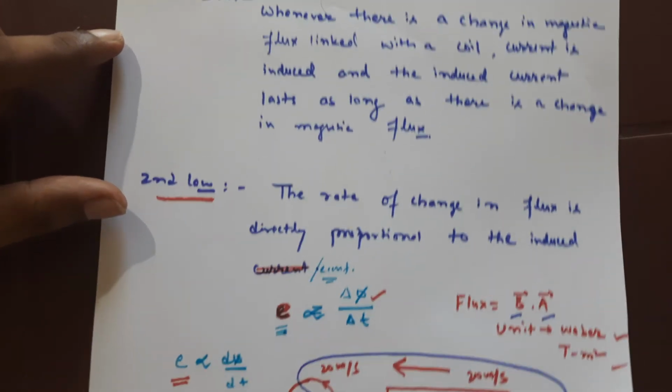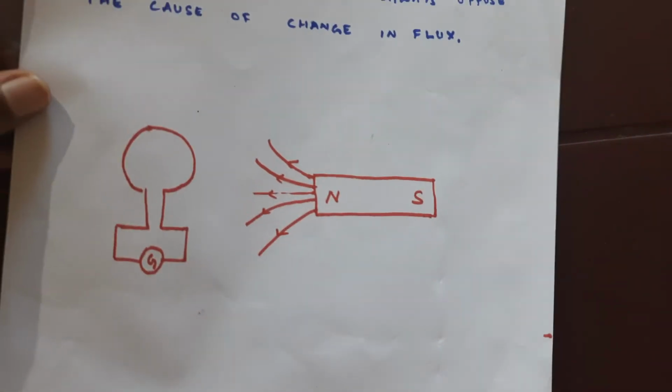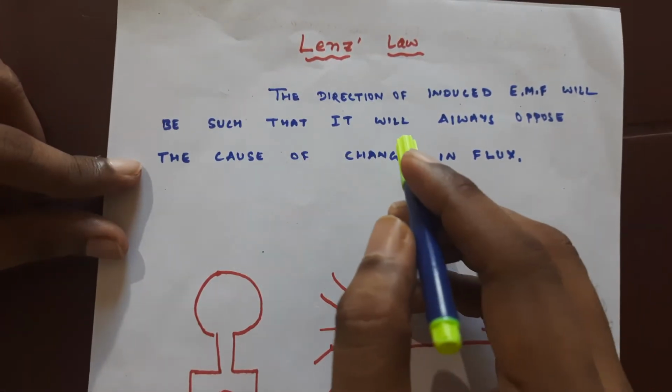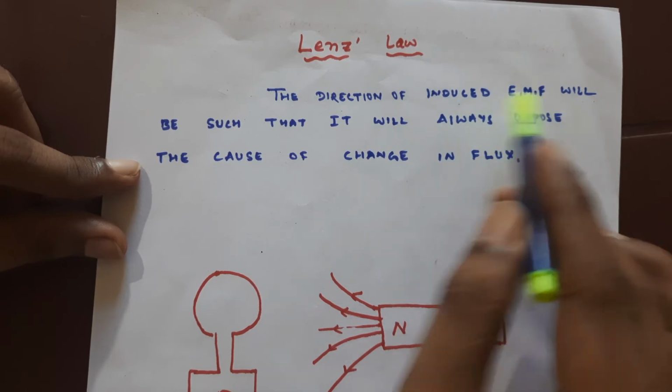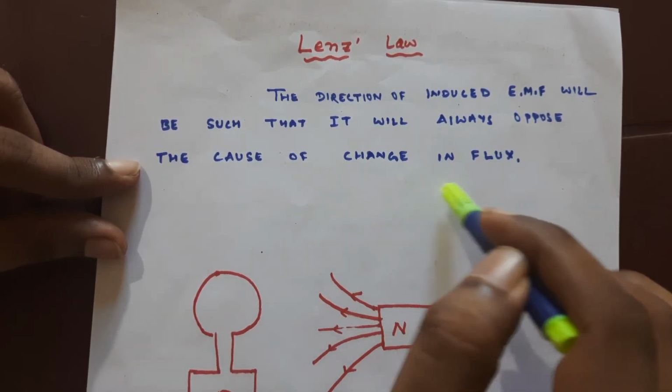But the matter is that Faraday had not given an idea about the direction of the current, and it was given by the Lenz law. So let's start the Lenz law. The statement of the Lenz law is: the direction of the induced EMF will be such that it will always oppose the cause of change in the flux.